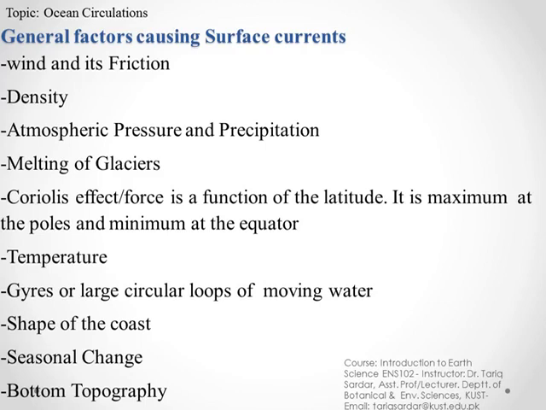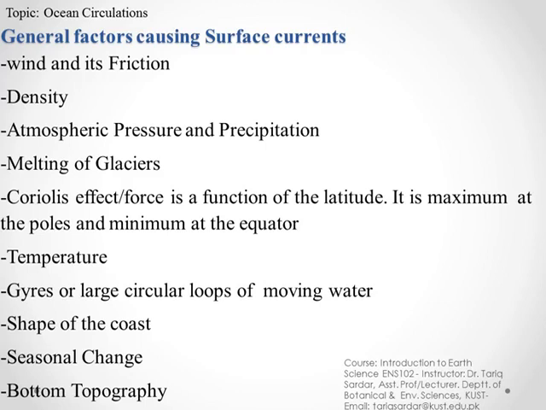The temperature, like we see, can also be justified with the atmospheric pressure. The temperature, like in the wind circulations, is also a main cause of surface currents, because it can make the water hot or warmer, or disperse the cool water towards the colder or warmer areas.